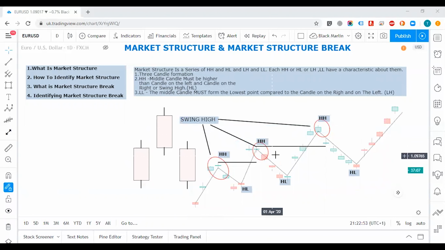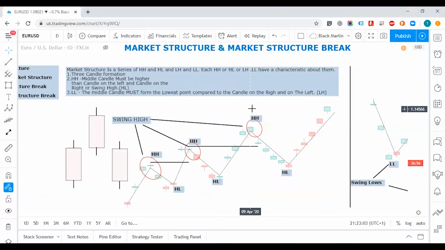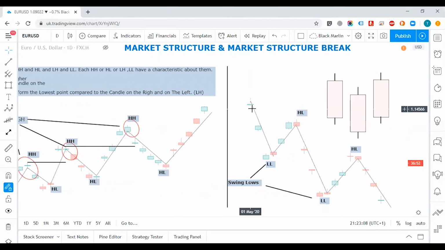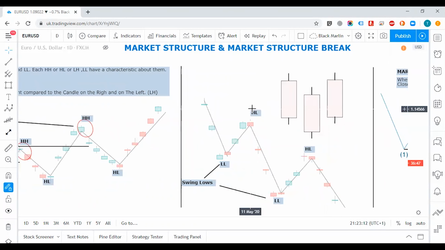So that's how it looks for the bullish looking market structure or swings. Now, when we are considering the opposite direction, if the market is in a bearish disposition, we should be seeing the same thing, three candle formation at the bottom of every swing low that you see.